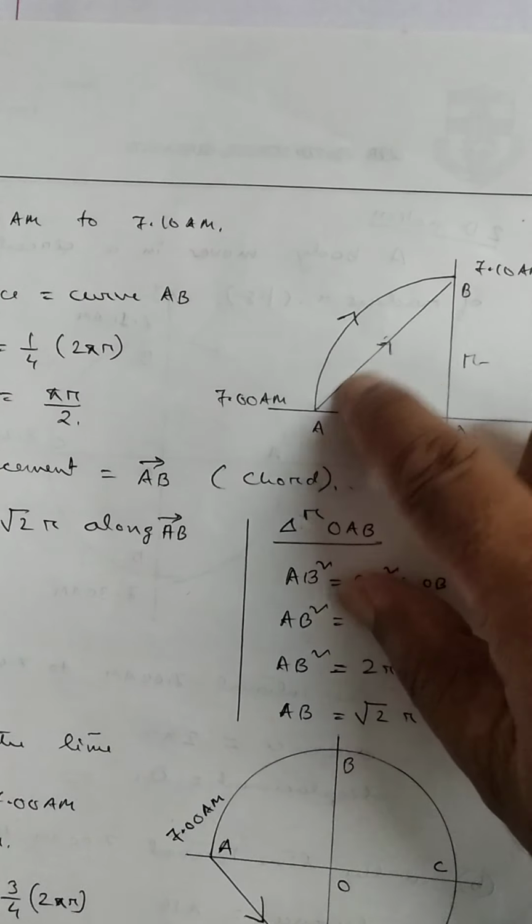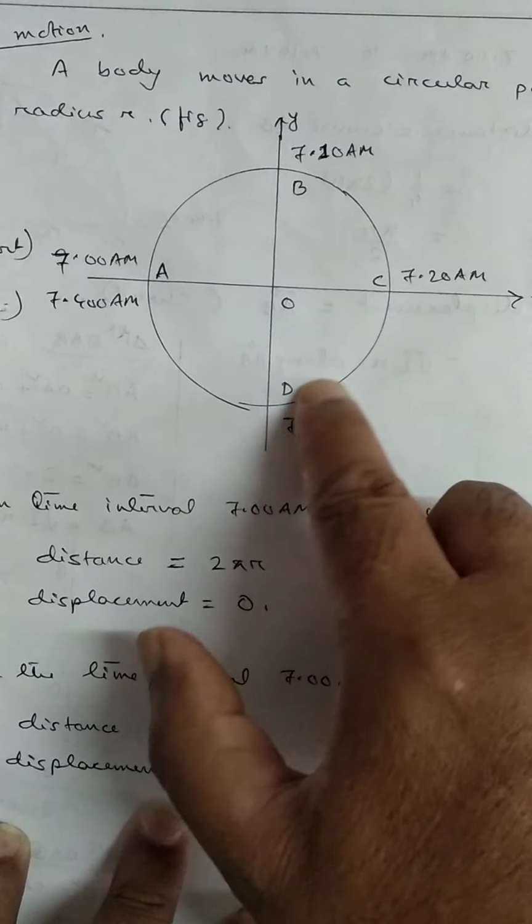Now next they asked to calculate distance and displacement in the time interval 7 a.m. to 7:30 a.m. So this is the initial position at 7 a.m. This is the final position at 7:30 a.m. So what is the total path traveled by the body? This is the total path traveled by the body.